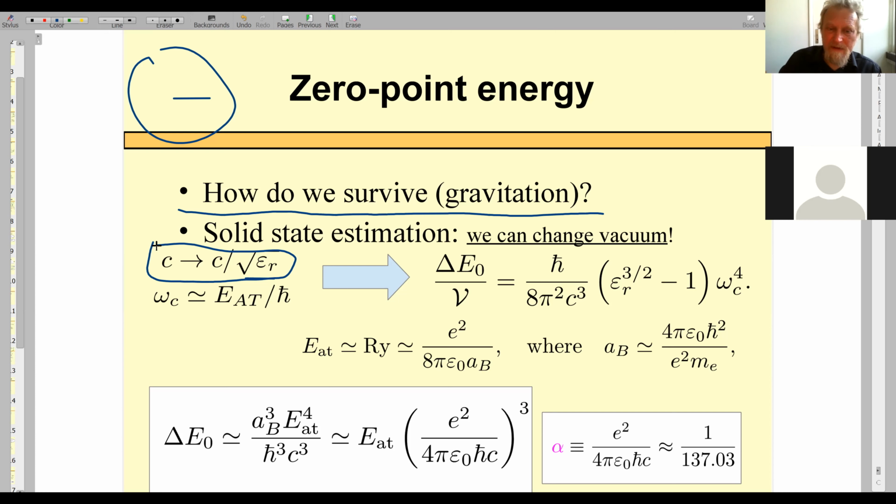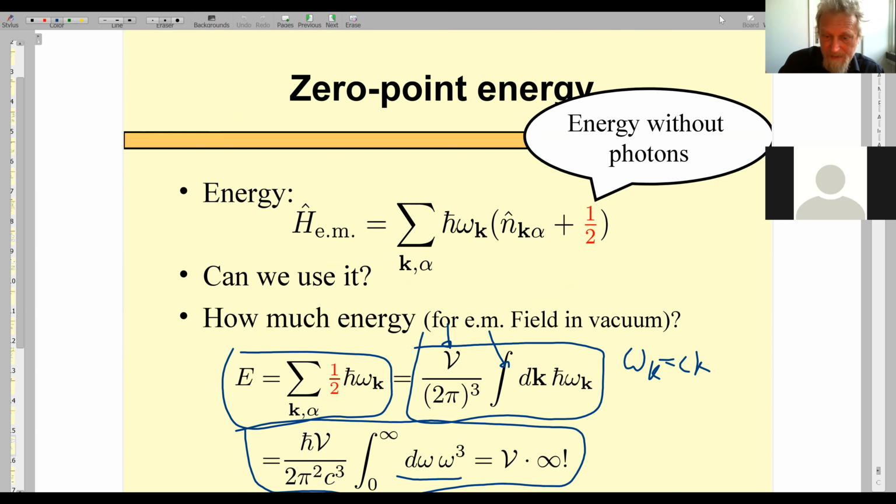Right. It is important to understand that we cannot change the dielectric constant at all energies, at all frequencies. We have to restrict ourselves to energies of the order of atomic constants, with which we can do this estimation.